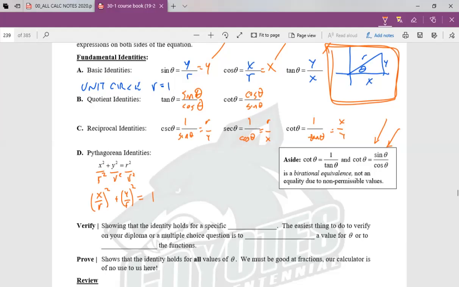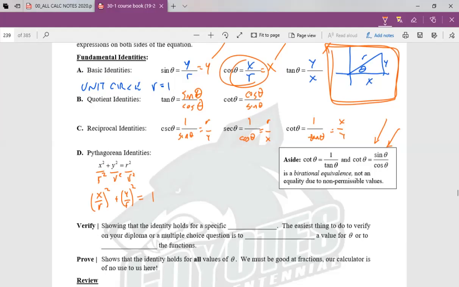We're going to have to squish this in; there's not a ton of room in the workbook here. What we end up with is x over r, which we said back here is cosine, and so this is cosine squared.